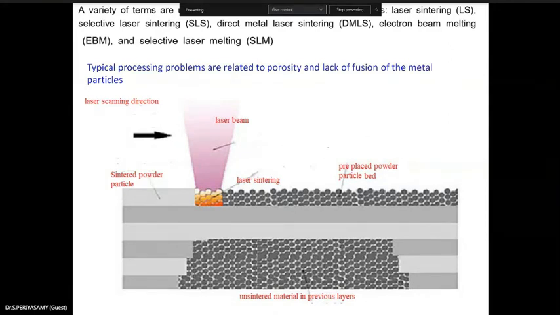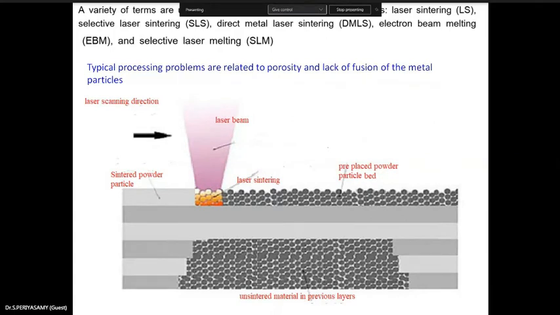properties. Then I have to go to how this happens in the field, that is, FEM you have to consider. So here that is the sintered part. Already this layer is over, but in between you have unsintered material.